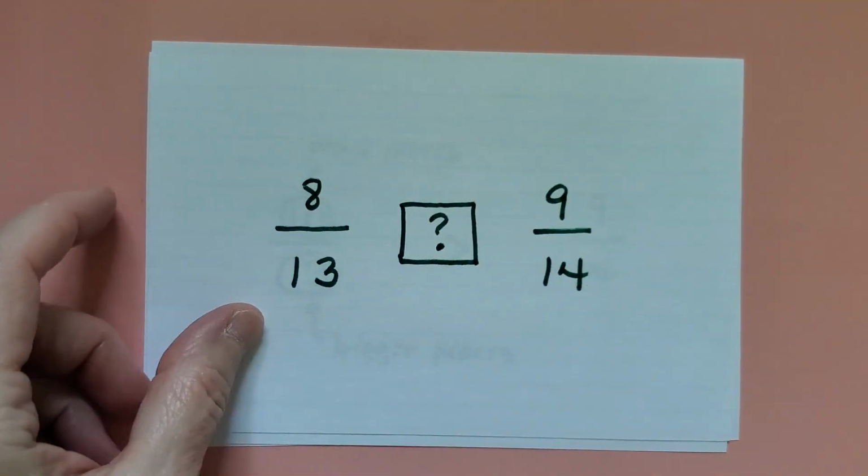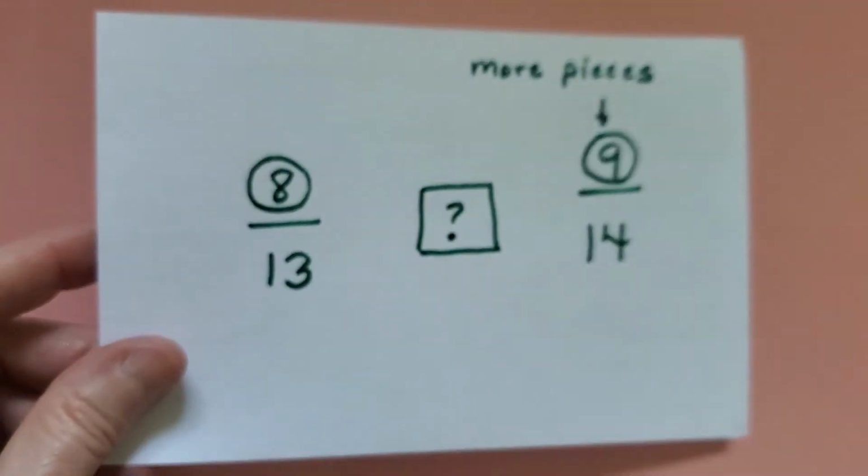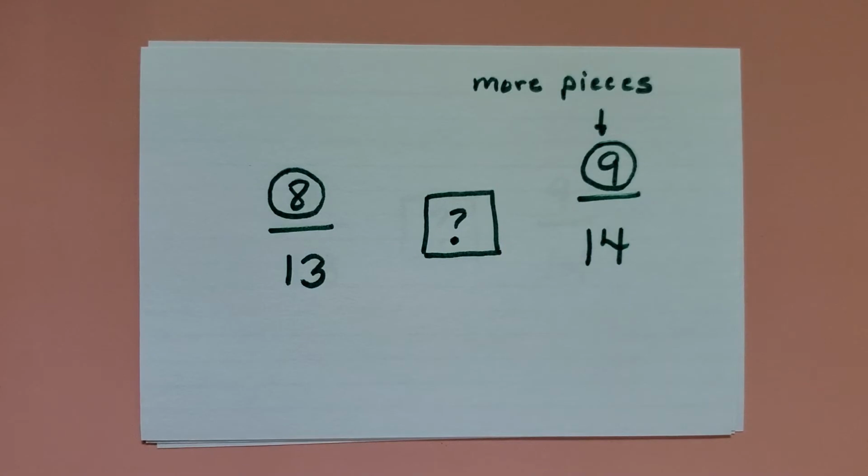Let's see if we can use similar reasoning with this example. We have 8/13 and 9/14. So first let's look at the number of pieces that they each have, and that's by comparing their numerators.